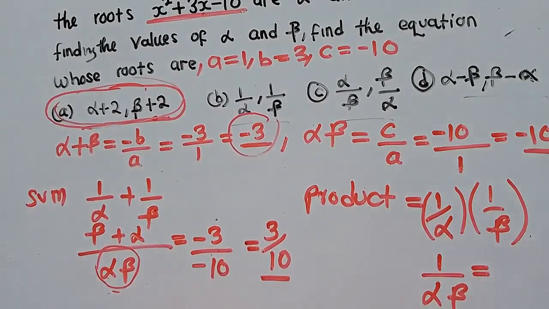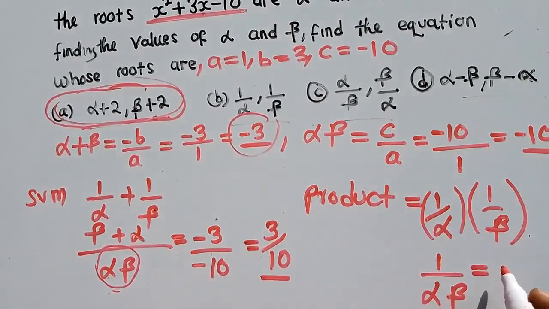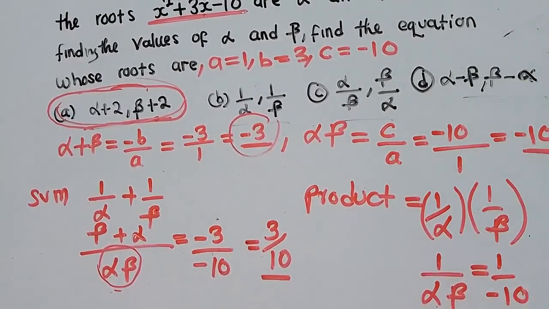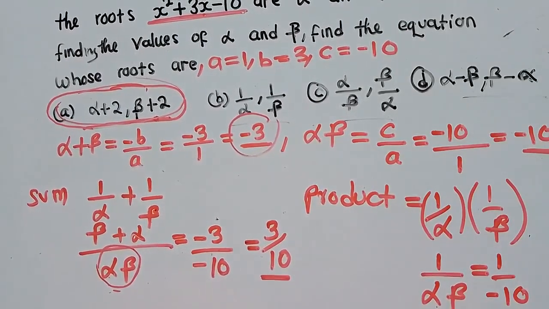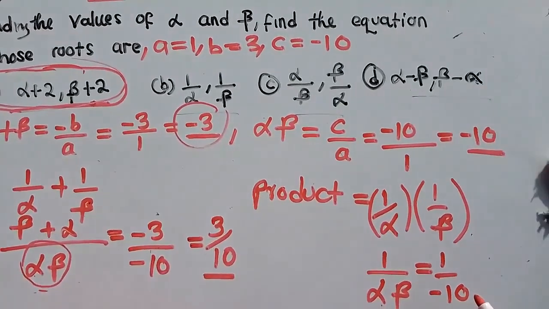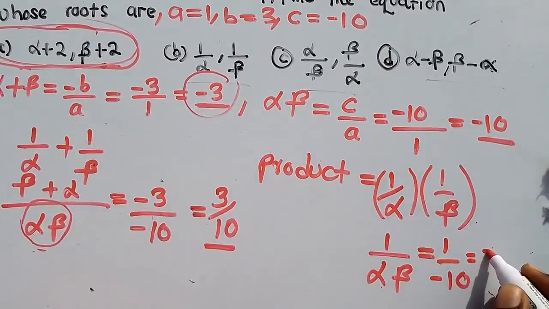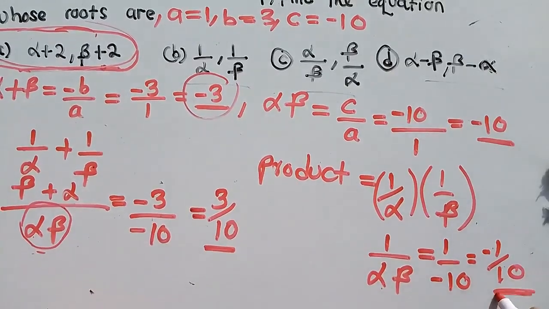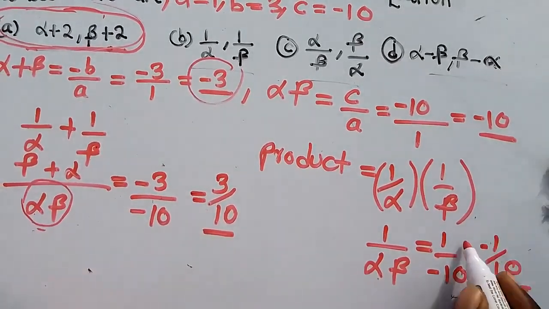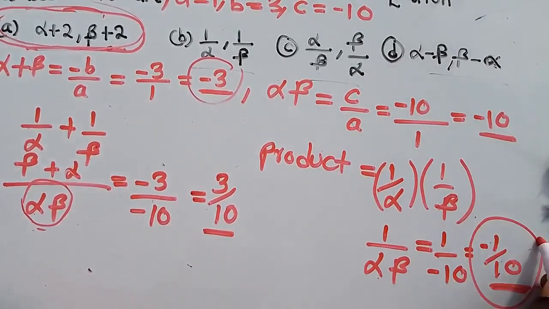Have you seen this? 1 over alpha beta, it is negative 10. So negative 10 there. This is just the same as negative 1 over 10, being the product of the roots. So I've come up with the product of the roots.